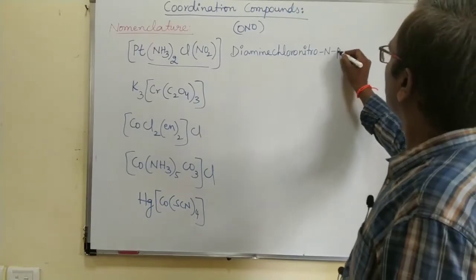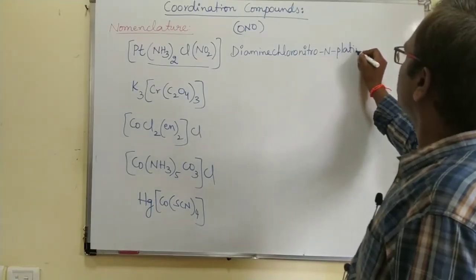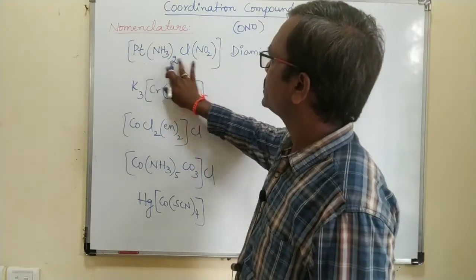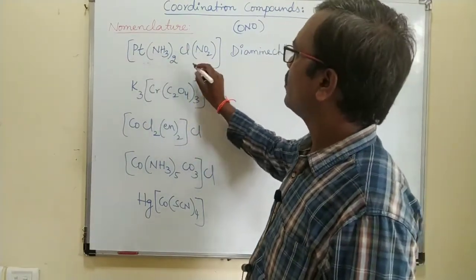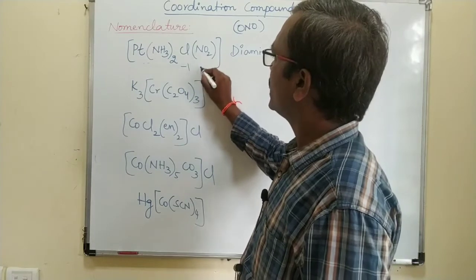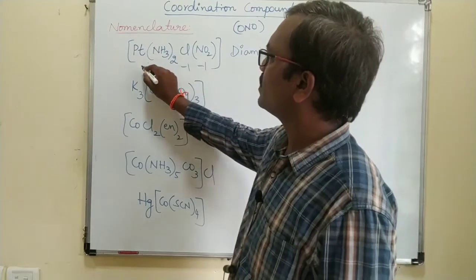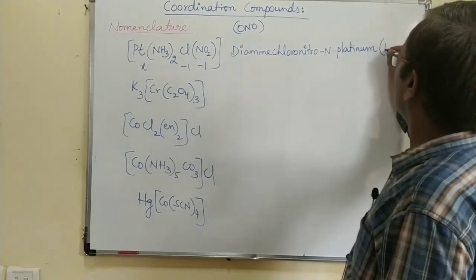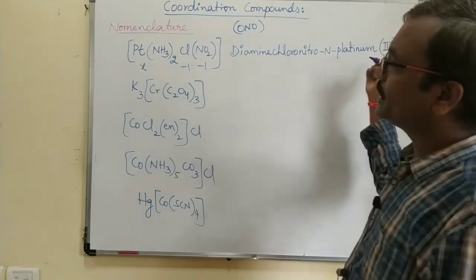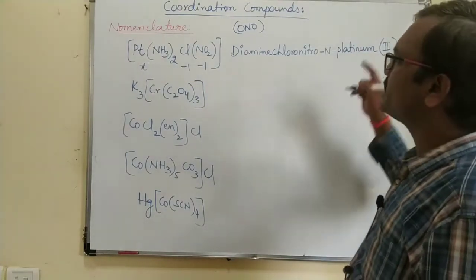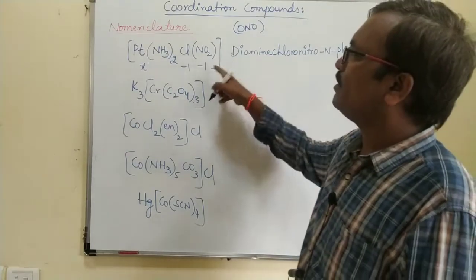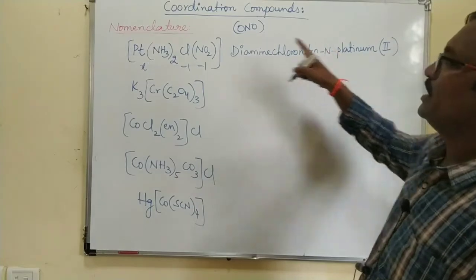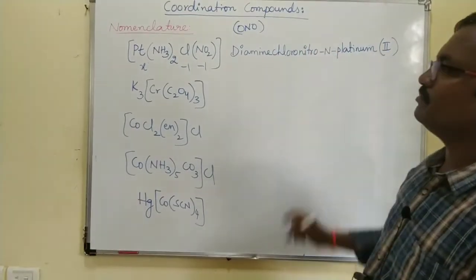The amine is the neutral ligand, chloride is the negative one, nitro is the negative one. What is the oxidation state of platinum? Platinum oxidation state is 2. Why is it not written as platinate? Because the complex is a neutral complex. That's why you write its original name, platinum.